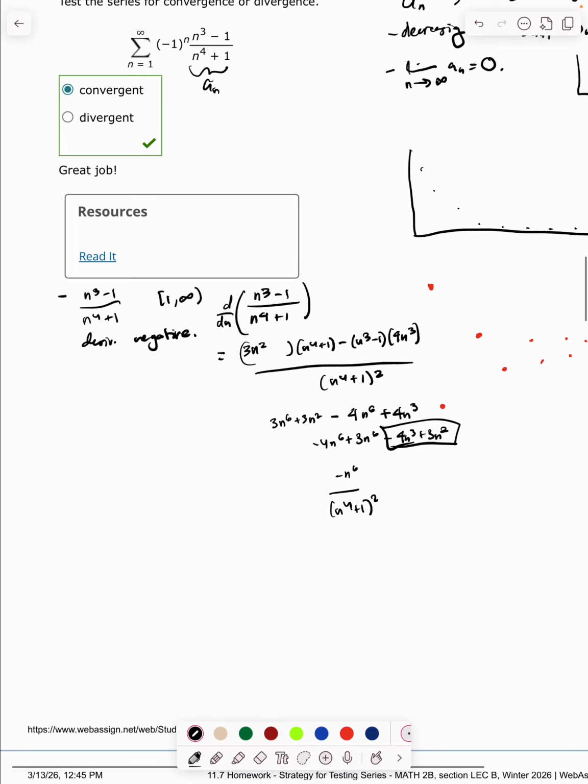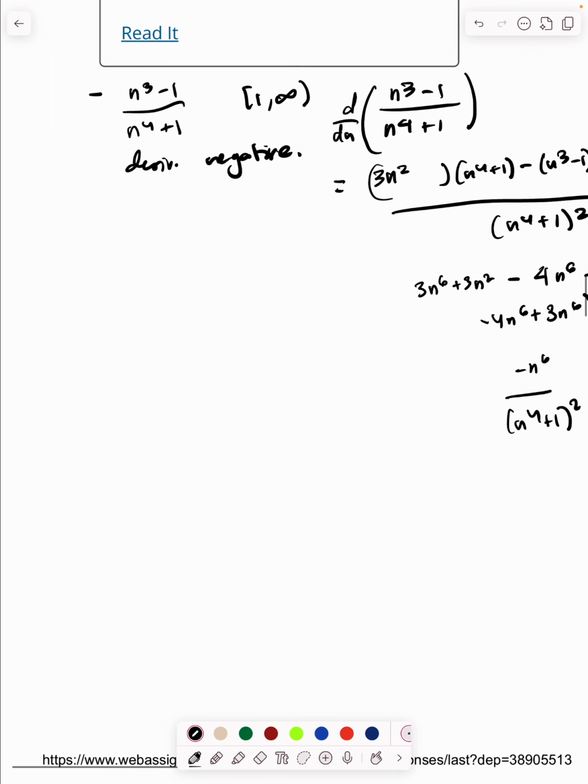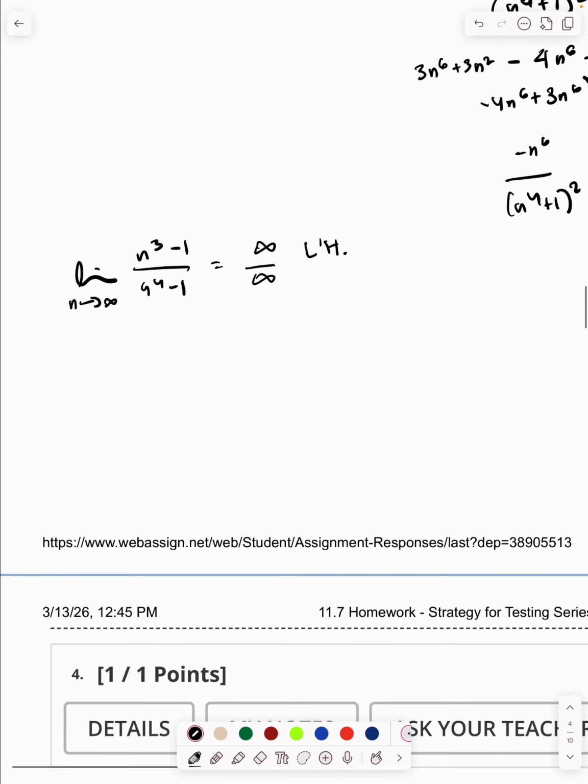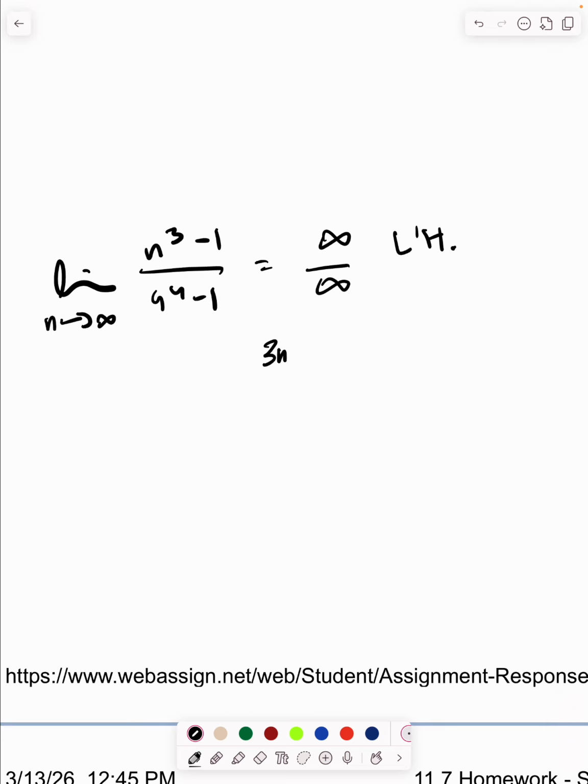Okay, so let's check now that the limit goes to 0. This one's a little easier, more straightforward. The limit as n goes to infinity of n cubed minus 1 over n to the fourth minus 1. Right now it's not obvious. We plug in infinity, we get infinity over infinity, an indeterminate form, so we have to use L'Hopital's rule. If I do L'Hopital's rule, I get 3n squared over 4n cubed.